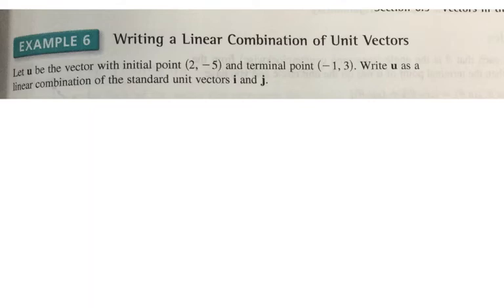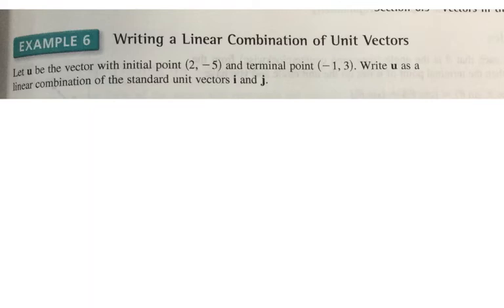J hat vector, that's the standard 0, 1. So that's going to be your vertical component. How much did I go up or down? So it's really not that hard. The math is just a different form. It's just something to get used to seeing.